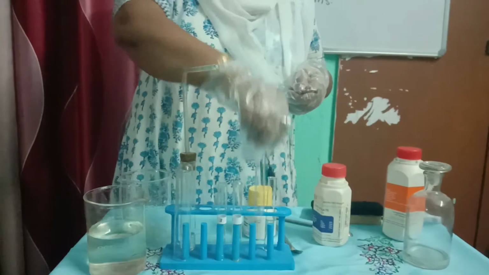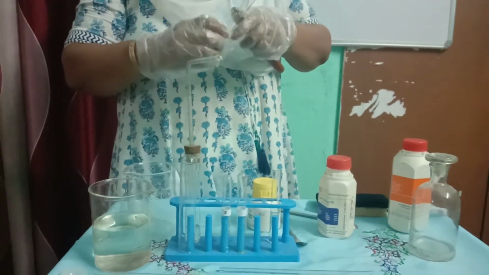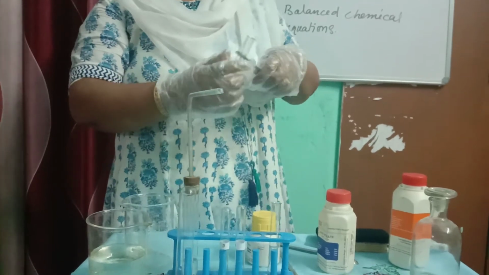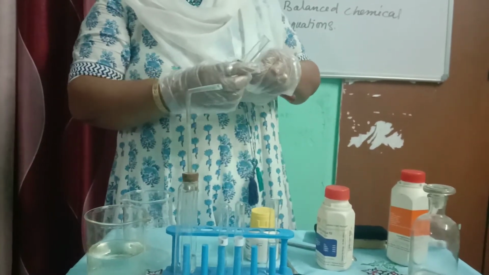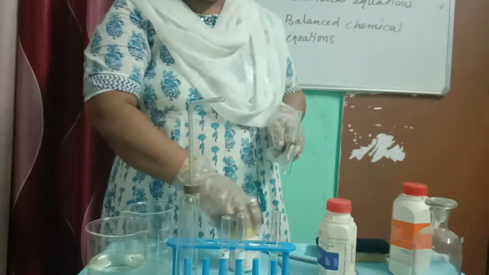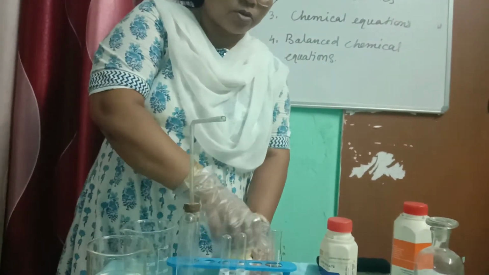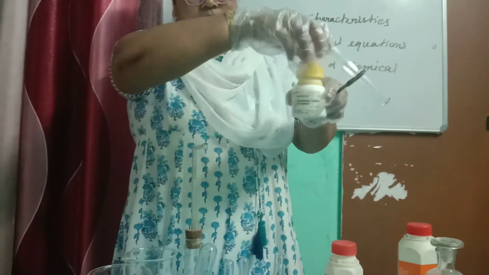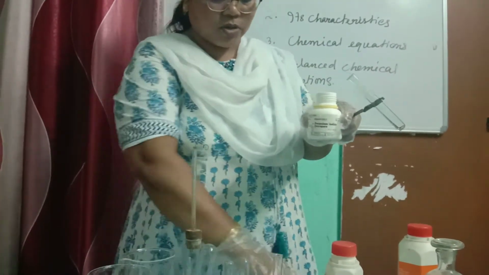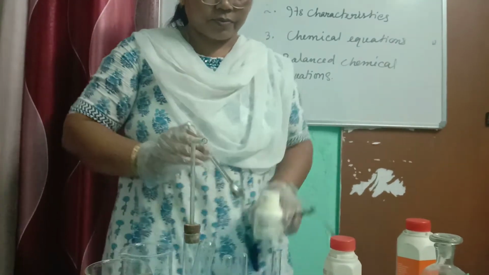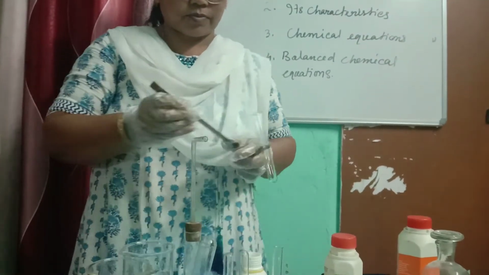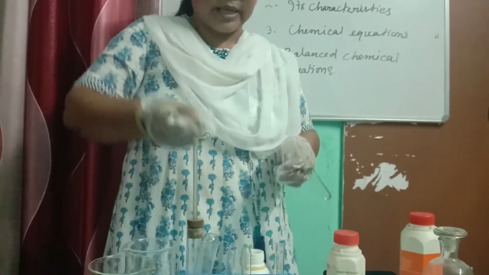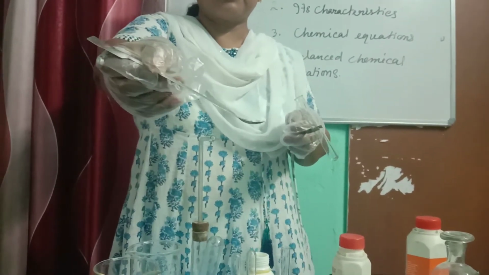Next, take another test tube. For the potassium iodide solution, take potassium iodide first. See, this is also a colorless salt.